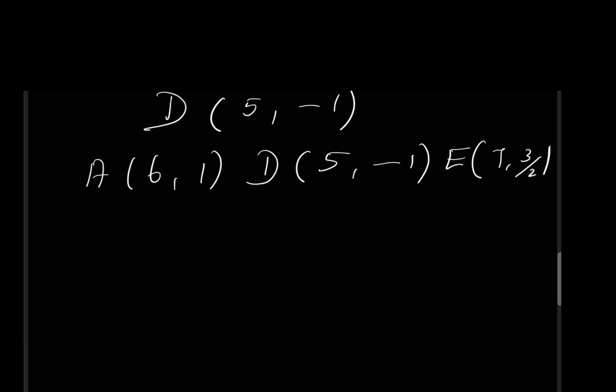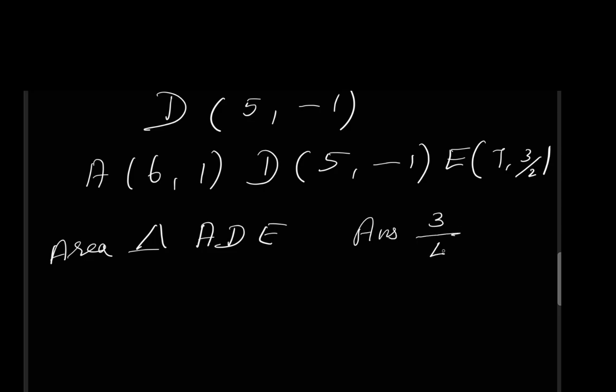So from these three vertices, you find the area of triangle ADE. So that is the question. You will get the answer as 3 by 4 square units. You can do this sum.